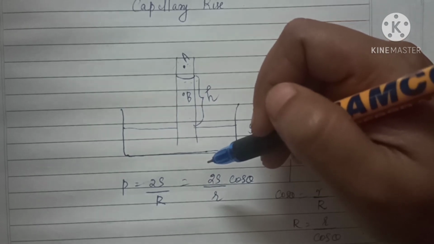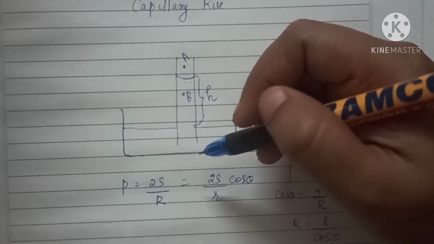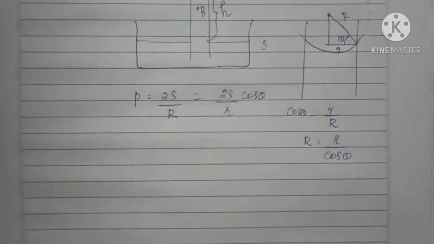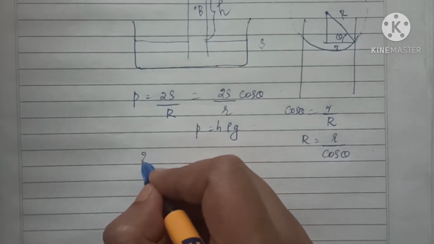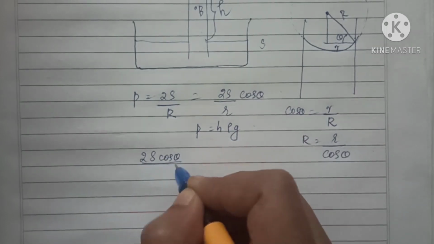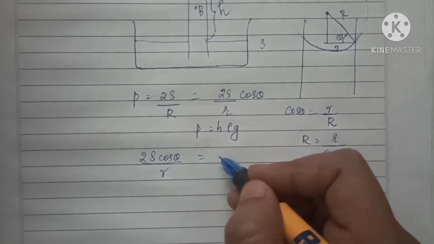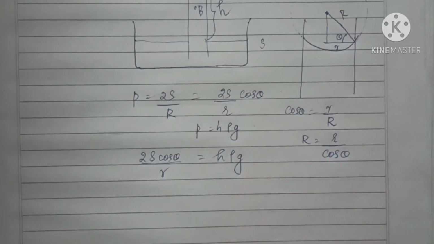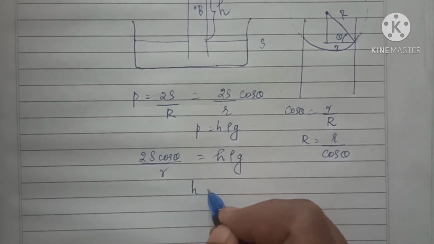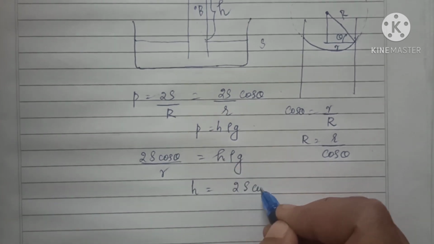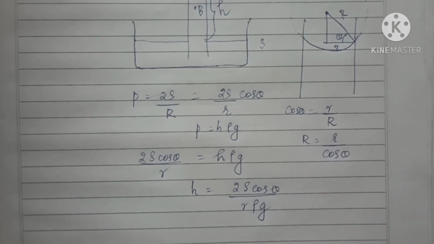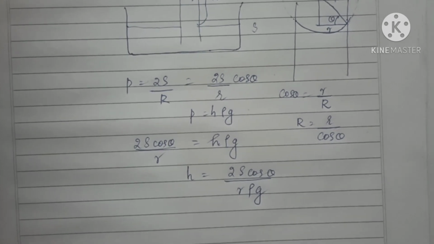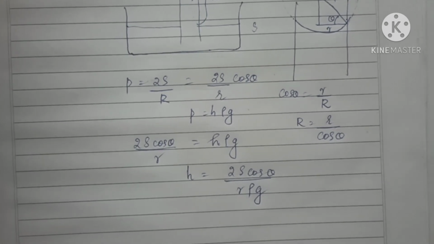Up to that point, the liquid will rise in the capillary tube. So you take a condition where the pressure of the liquid column is h rho g, and this value, that is 2S cos theta by R, which is the excess pressure, must be equal to h rho g. This is the condition when it is at equilibrium. Understood? So what is h from this expression? That is 2S cos theta by R rho g. Clear for you?